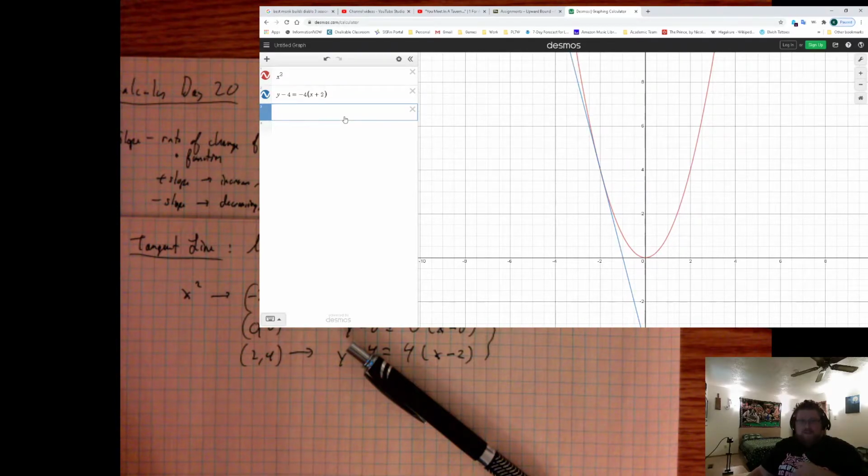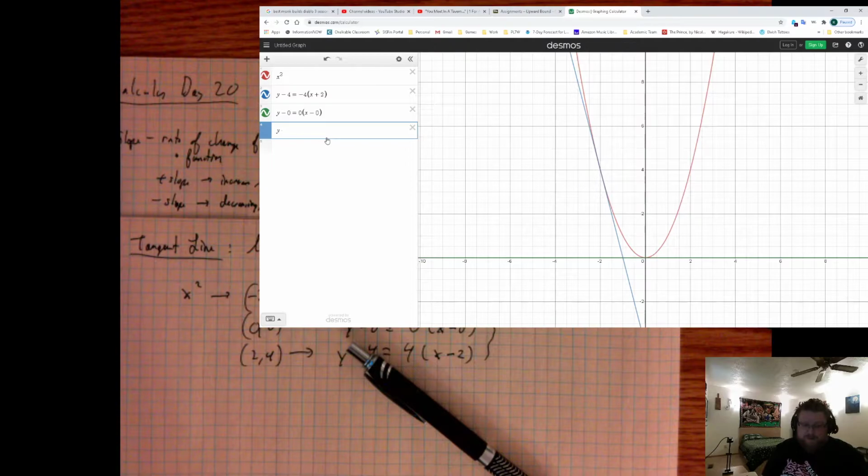Let's do another one. y minus 0 equals 0 times x minus 0. Obviously, I could simplify this a lot in order to make this nicer to write, but I'm just showcasing how we can use the formulas to find that tangent line. Notice the green line goes through the point 0, 0, and is representative of the slope, which is a slope of 0.